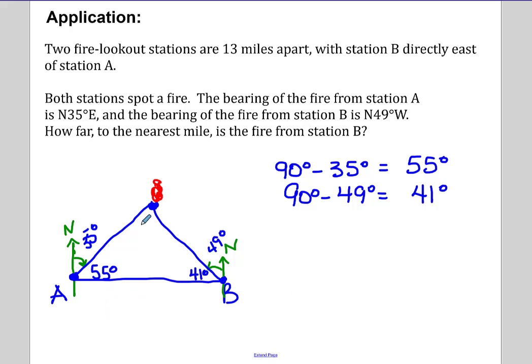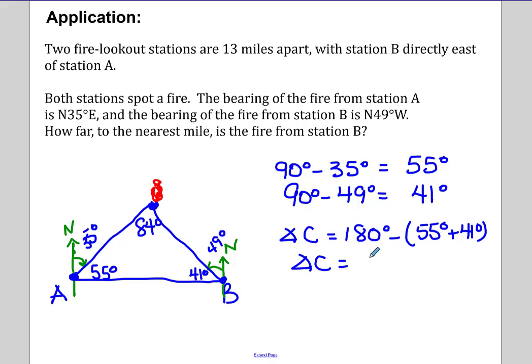So 55 and 41, that's 96 degrees. So angle C is 180 minus the sum of the 55 and the 41, so angle C is about 84 degrees.